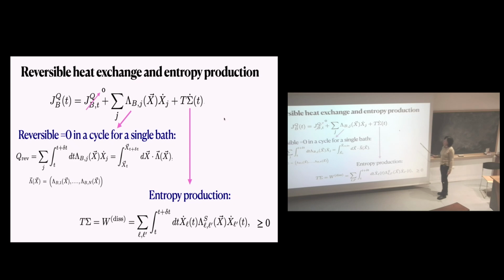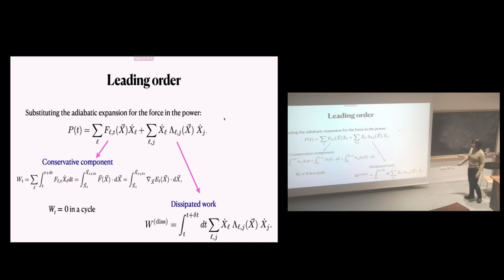So if we want to consider the heat flux into the reservoir beyond this reversible contribution, we have to go to higher orders in these velocities. And this is perfectly consistent with the fact that this work, which is dissipated, is in fact a bilinear function of the velocities.